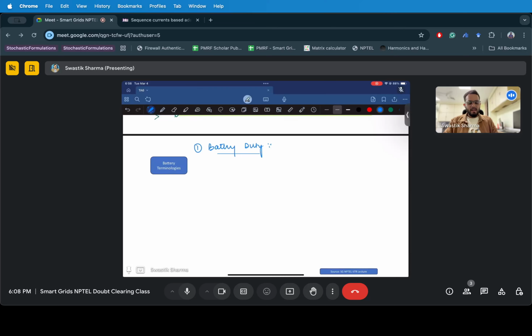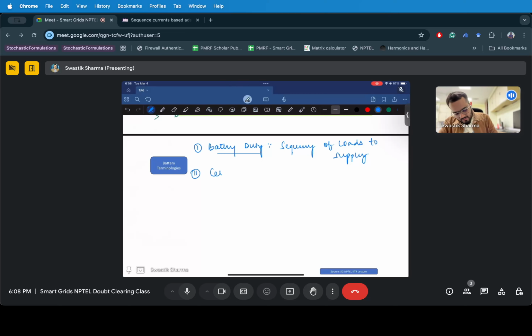Given that you have some load coming, it should be able to supply it for the particular duration that the demand is there, right? So battery duty tells you how much power it can give out or discharge for a particular sequence of loads that it is experiencing, right?